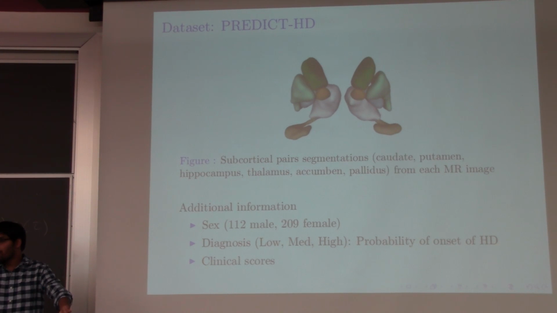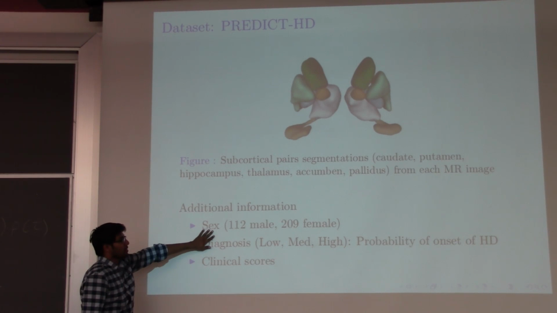You have multiple subjects who are healthy, who have disease, and you have measurements over time. Measurements of whatever. It could be MRI scans, shapes, volumes, whatever. Right? So in this case we have all this data.